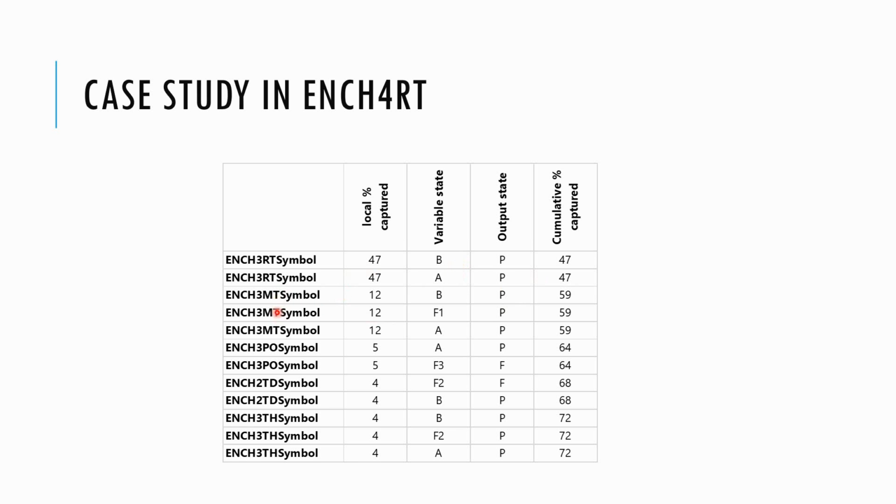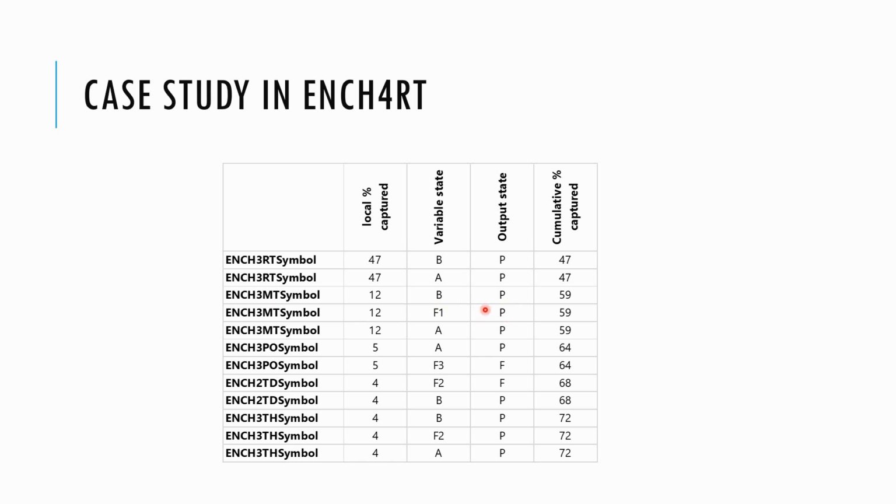3MT. So this is the mass transfer course, and if you know chemical engineering, that course is conceptually quite close to 3RT. That's probably second in terms of how closely it relates to 4RT. So this seems to be in the right place.